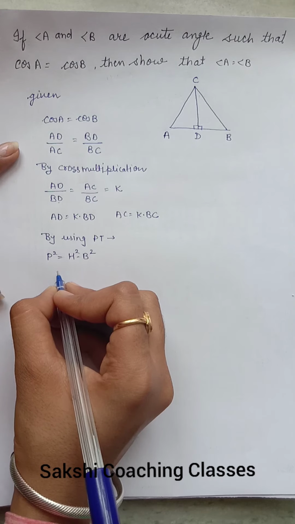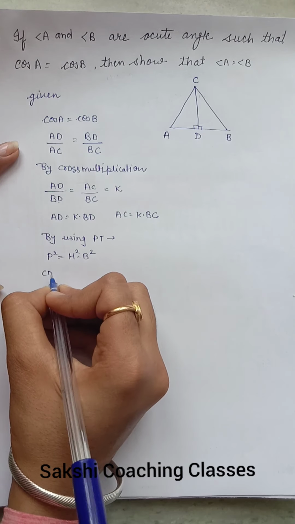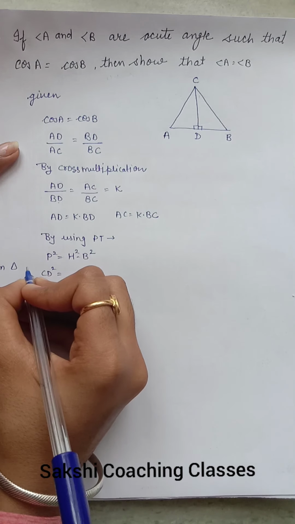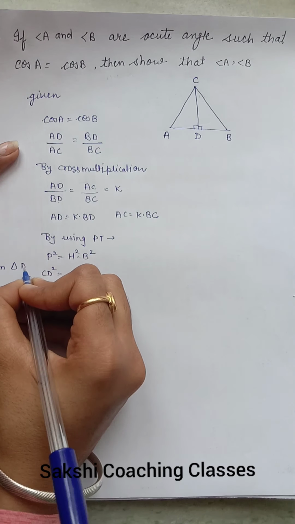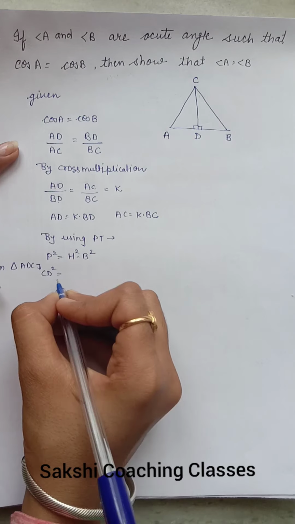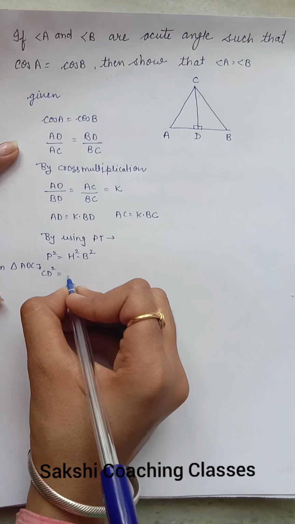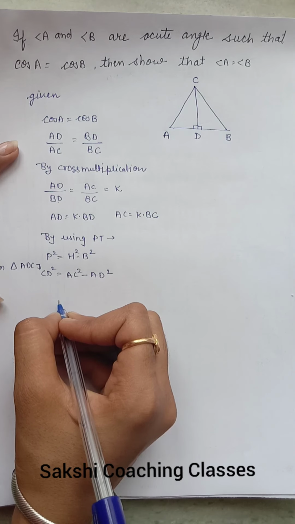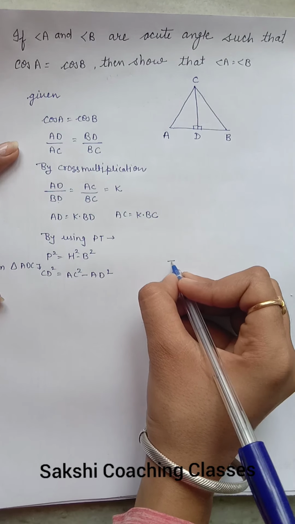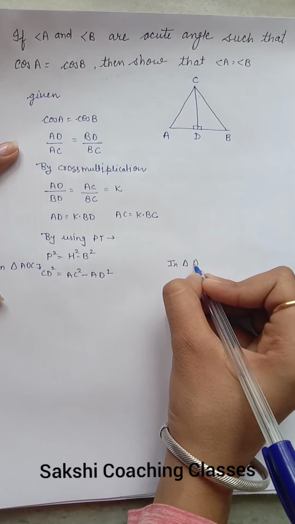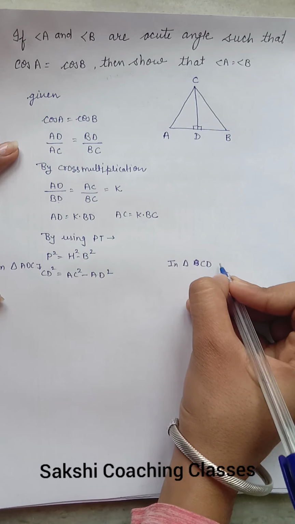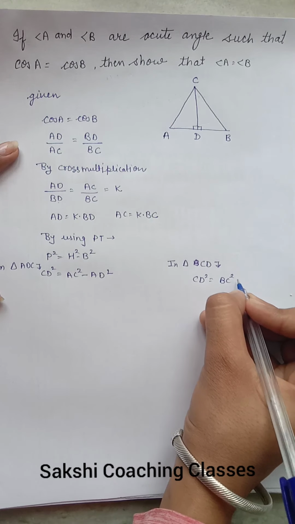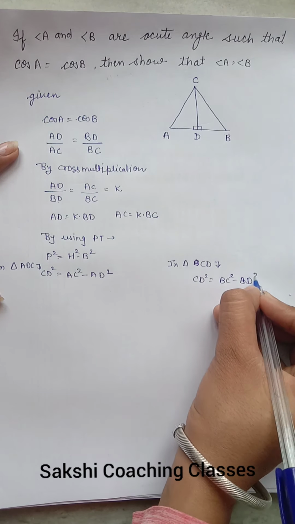So if we have to find the perpendicular CD square in triangle ADC, CD square is equal to AC square minus AD square. Clear? And in triangle BCD, CD square is equal to BC square minus BD square.